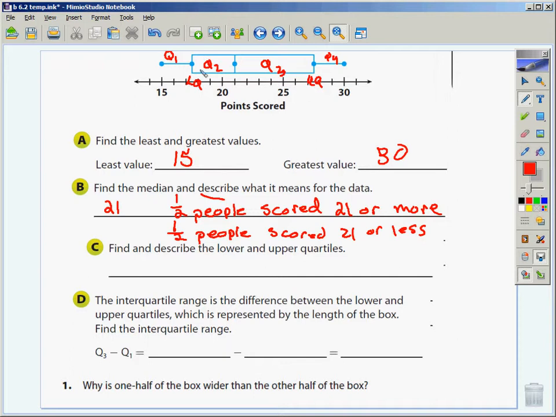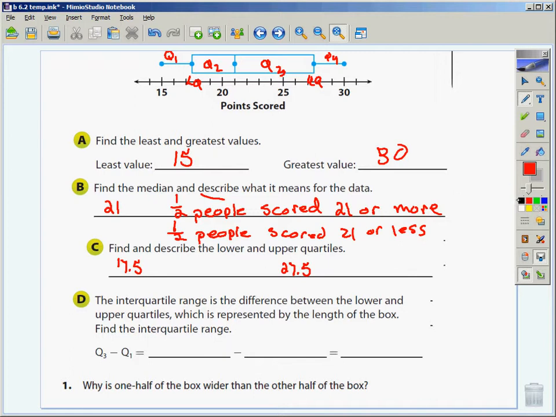So what is the lower quartile? What is it, 17.5? What is the upper quartile? 27.5.